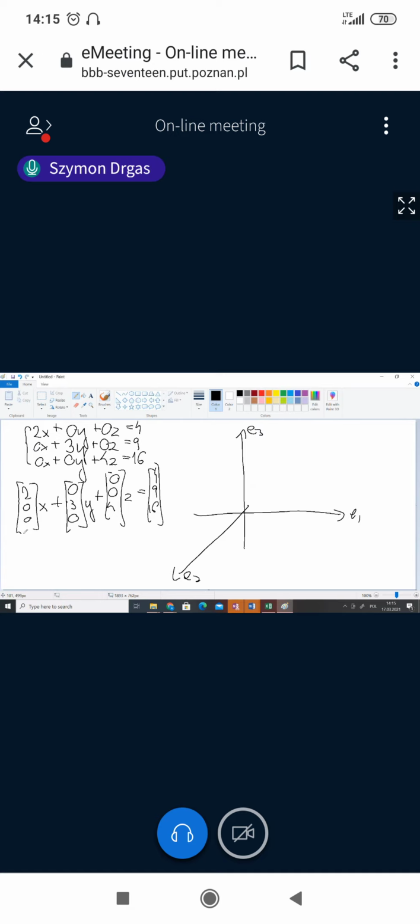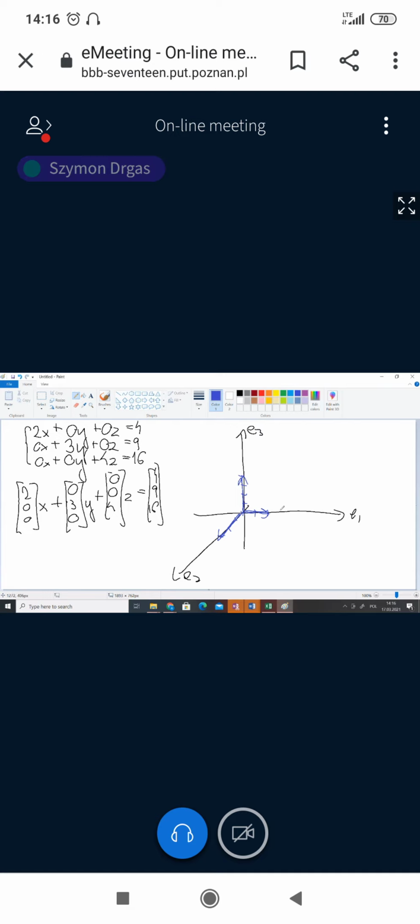Yes, so the first vector will also be on this first axis, but it will be multiplied by 2. The second vector will be multiplied by 3. And the third is multiplied by 4. And we have this vector at the right side, so it is 4, 9, 16.